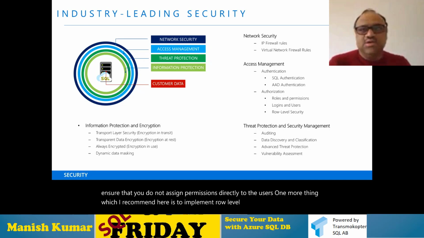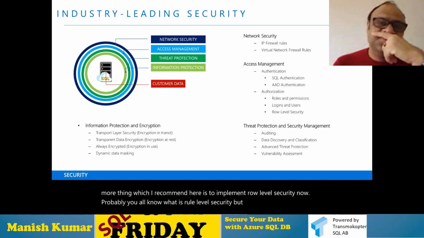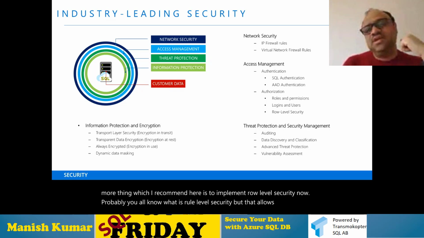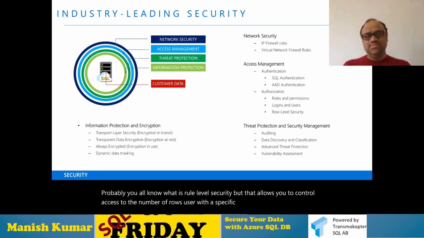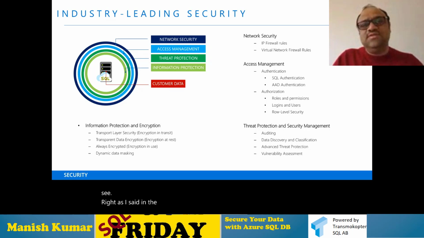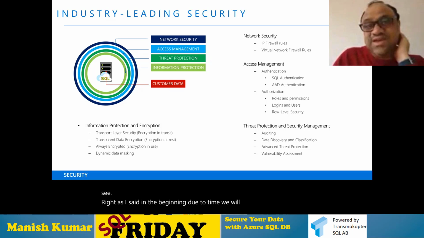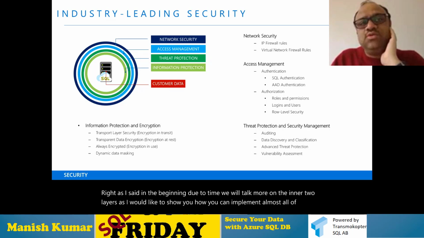Now, probably you all know what is row level security, but that allows you to control access to the number of rows a user with the specific privileges should be able to see. Right. As I said in the beginning, due to time, we will talk more on the inner two layers, as I would like to show you how you can implement almost all of them using Azure Portal.